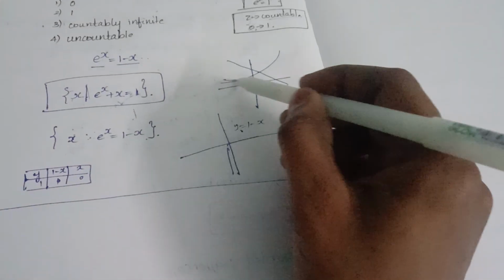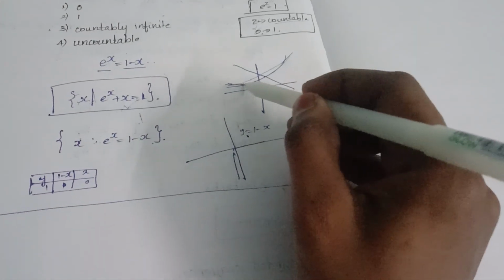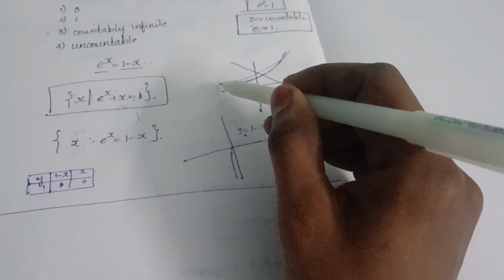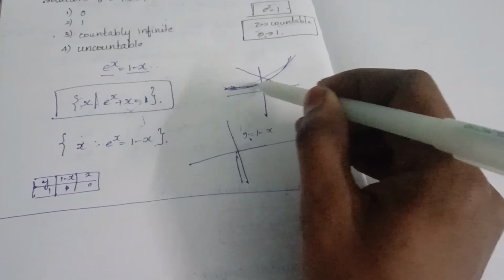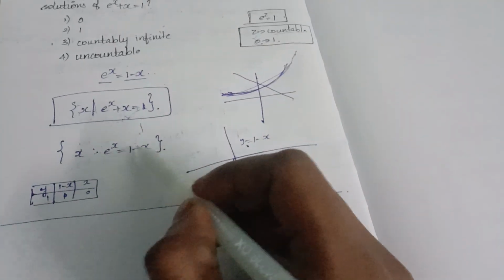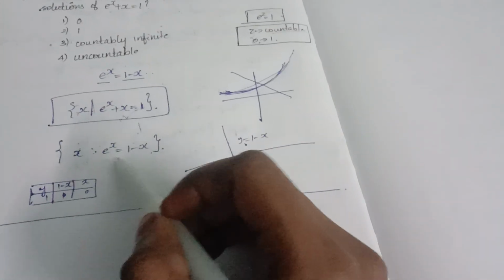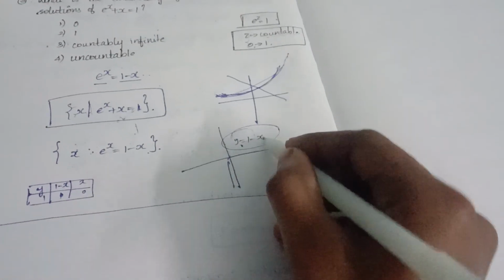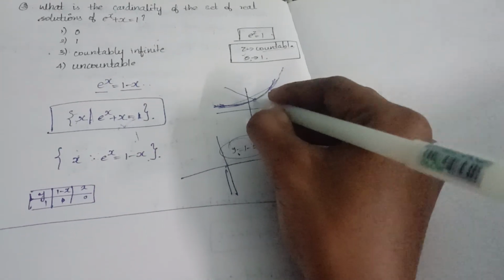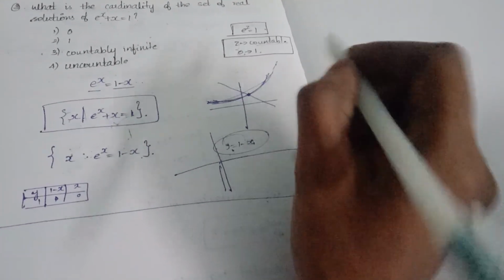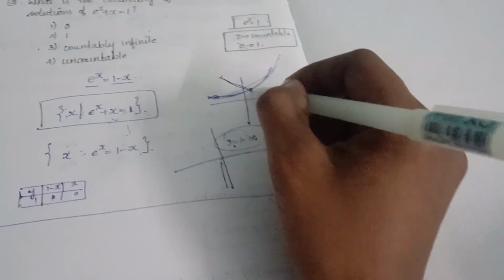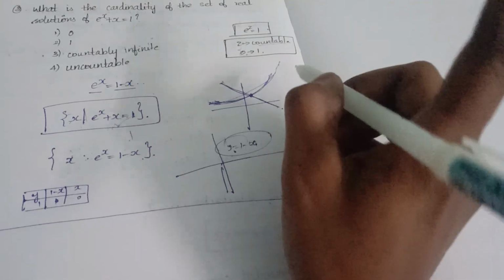We know that e^x gradually increases. Then for y = 1 - x, for x equal to 0, y equal to 1, definitely it should occur at this point. If we draw the line, it should definitely intersect e^x at only one point.